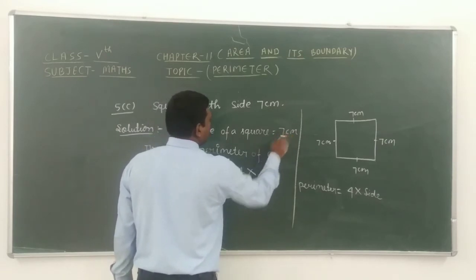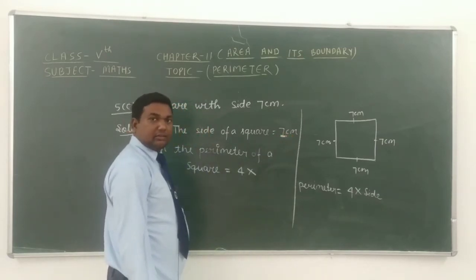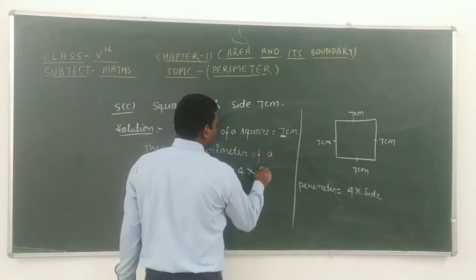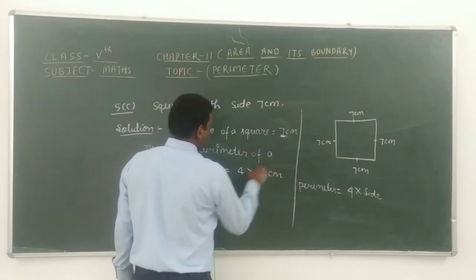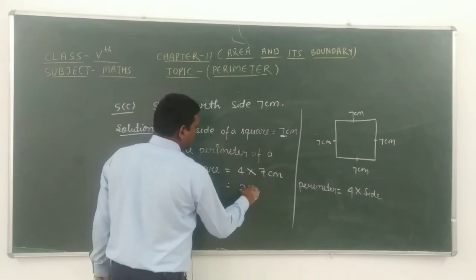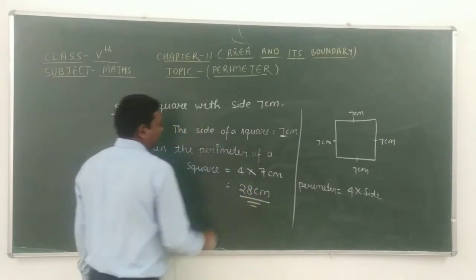It means that we can write 7 in place of side, 4 into 7 centimeter, 4 sevens are 28 centimeter. Okay dear students.